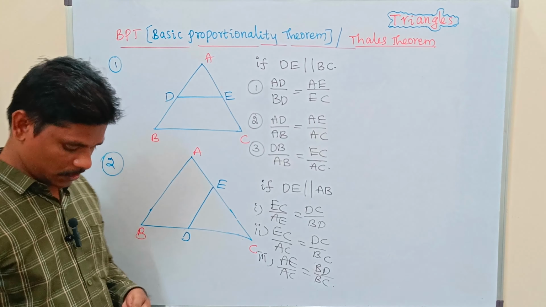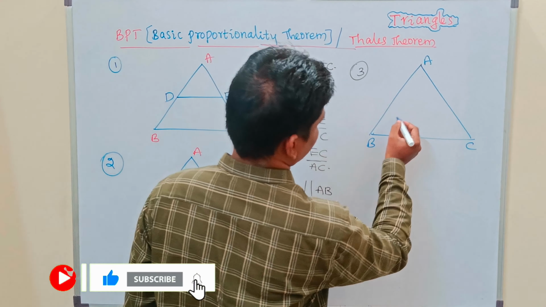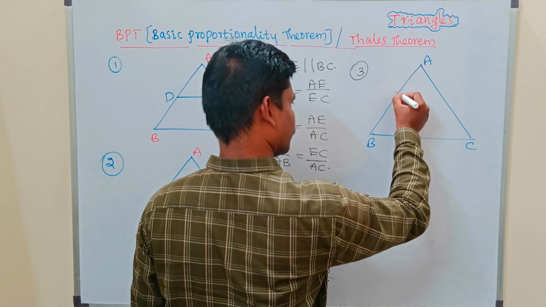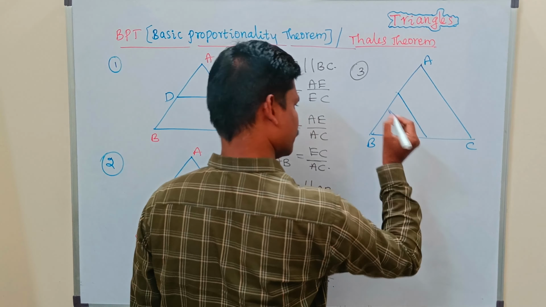Next, suppose the third case. ABC is a triangle. Take this one, DE. Observe here. If DE is parallel to AC, what will happen here?